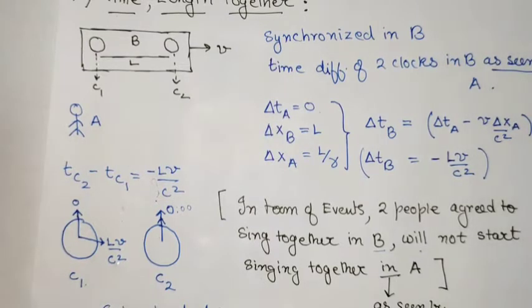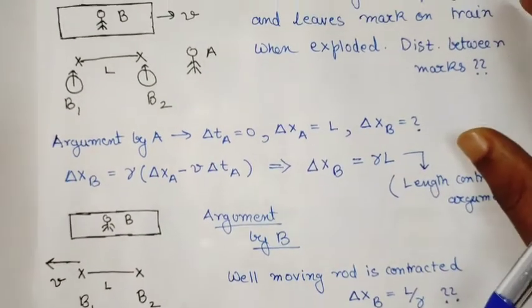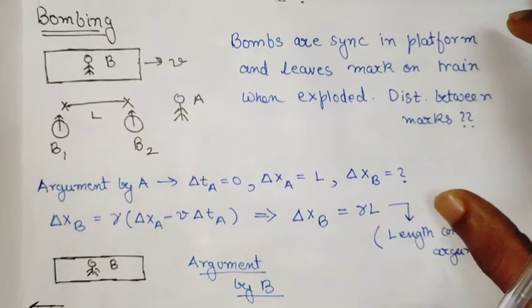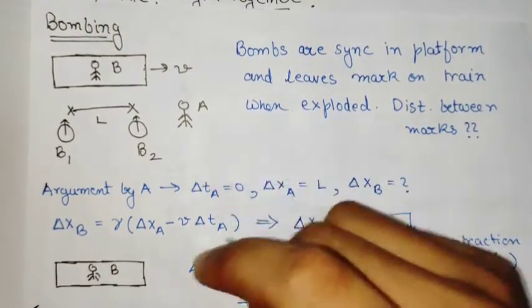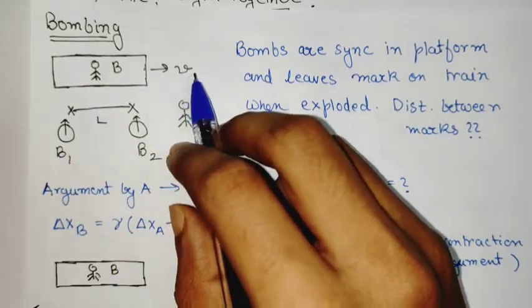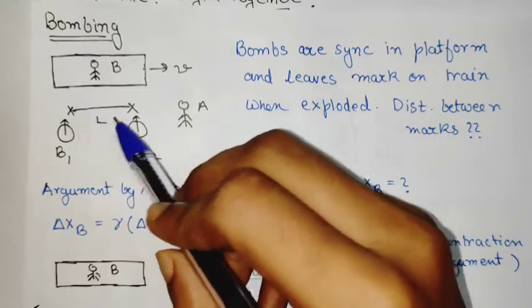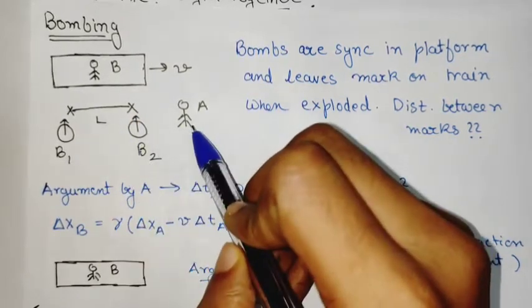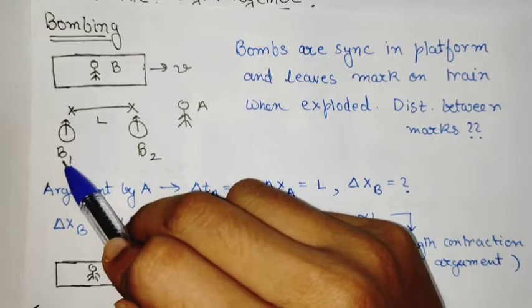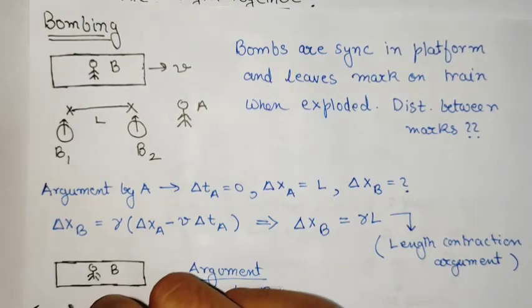With this understanding, we look at one more problem. This is the problem of bombing a train. Suppose we have a train that is moving with a velocity v, and there is a platform, and on the platform there are two bombs separated by a distance of L. Let us call one of the bombs B1 and the other B2.